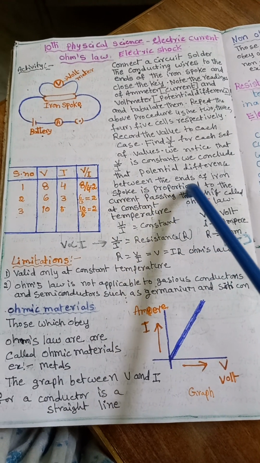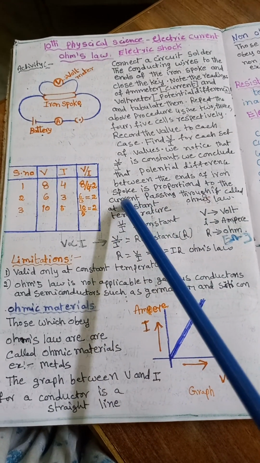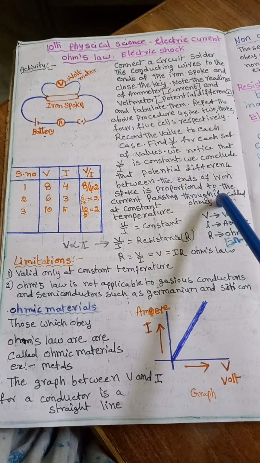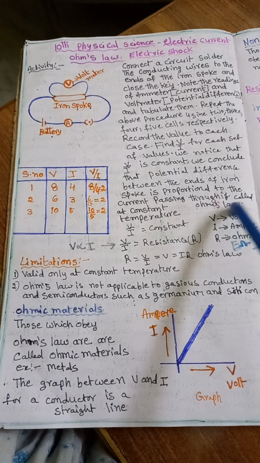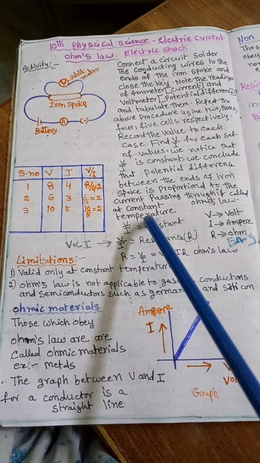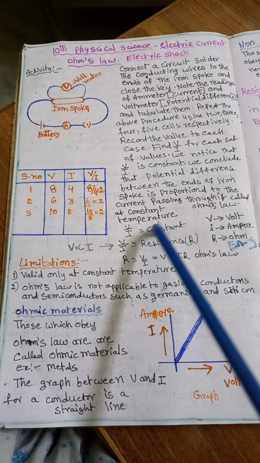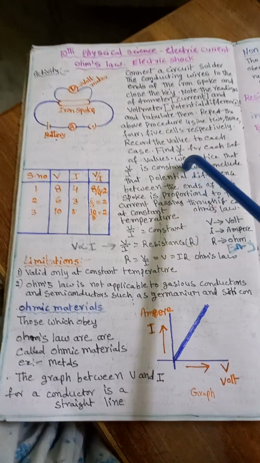The potential difference between the ends of the iron spoke is proportional to the current passing through it, at constant temperature. This is called Ohm's law.